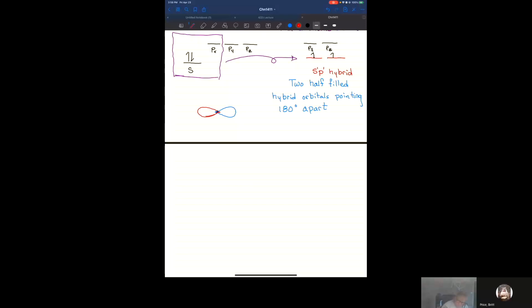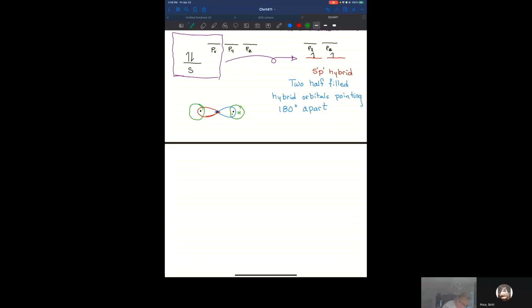And each one of these has a single electron. And then there's my hydrogen with its little electron.